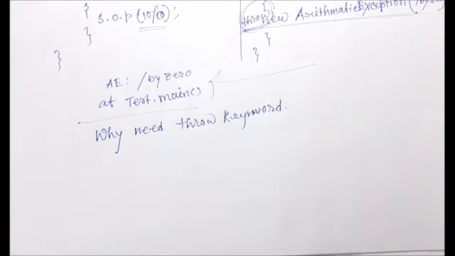For example, in my bank account I have 20,000 amount, and I have an ATM card. I go to the ATM and I already know that my remaining balance is 20,000. Suppose I intentionally try to withdraw 30,000.